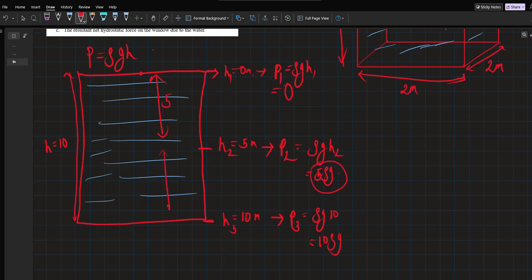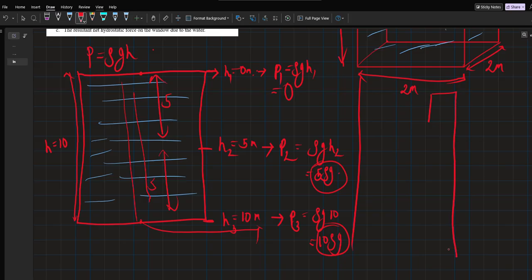At the bottom, we have 5 plus 5, a total of 10 meters of water column, so the pressure is highest here, 10 rho g. So we found that as you move from top to bottom, pressure increases. You can think of this as an analogy, let me draw something here. Think of it like a stack of bricks.